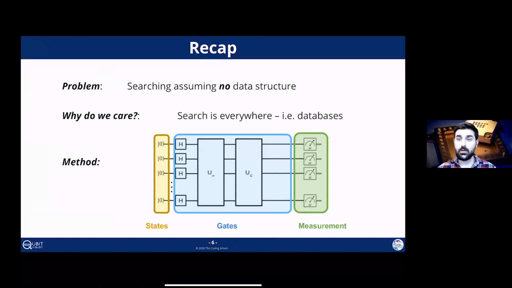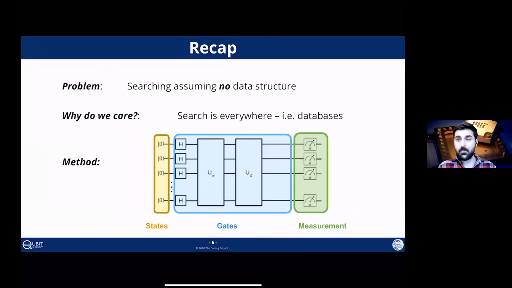First of all, if you're Googling something, for example, you're searching a massive database of online web pages. But also, every time you look for something in your computer, chances are your computer is doing a search. Or if you're using Control-F on a Word document, you're searching through the document. So searching is really everywhere.